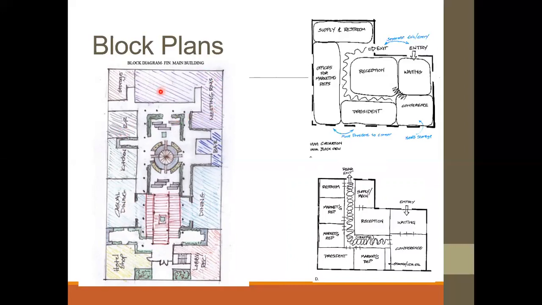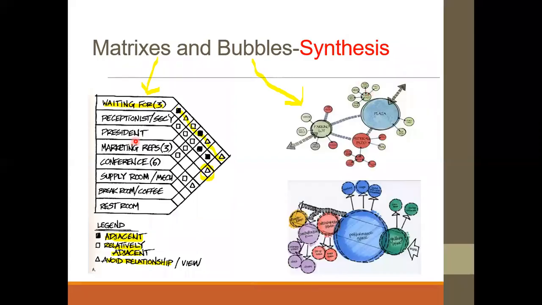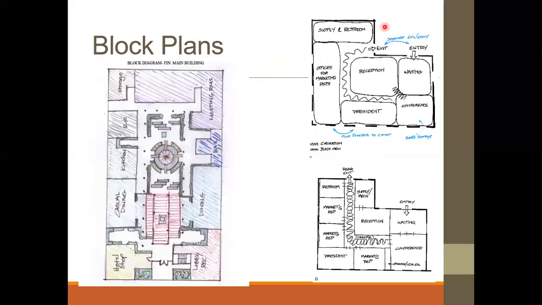Similarly, if it's an office, there is an office receptionist area, the president room, the conference room, waiting area, receptionist. This diagram is very much relevant to the previously shown relationship matrix. According to that relationship matrix, we have designed this block diagram.